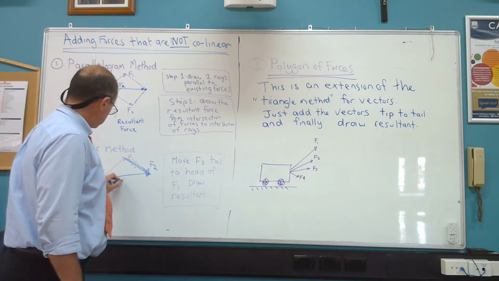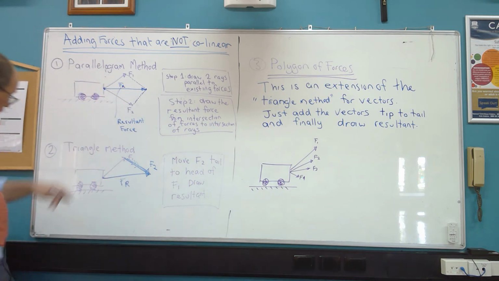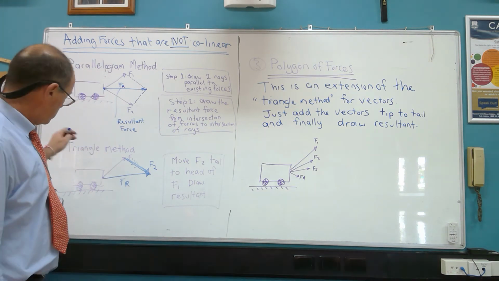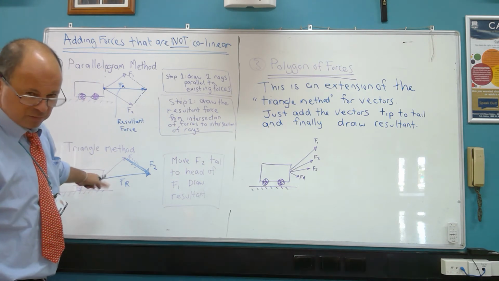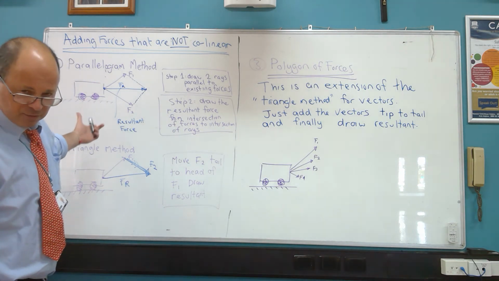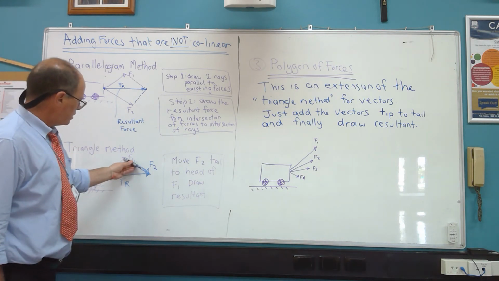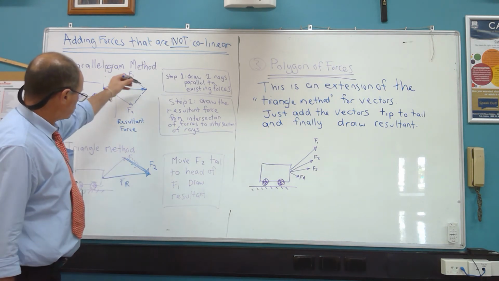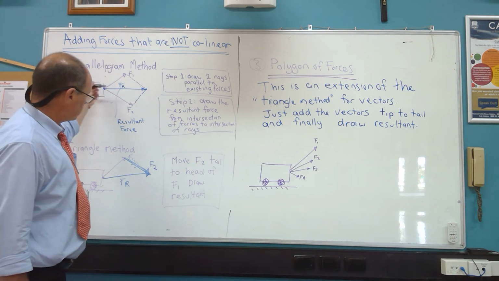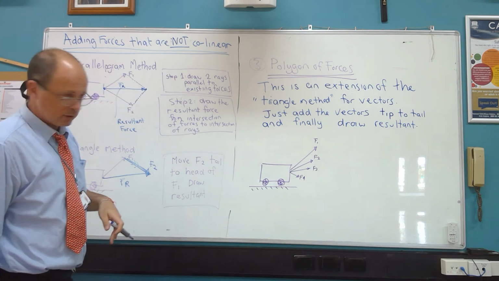That is FR, and you can see it should be the same. The angles are slightly different because the angles weren't drawn the same, but those two methods are essentially the same, just a different way of thinking about it. You can either move that force up, go tip to tail, or draw the two rays parallel to the existing forces and draw a resultant.